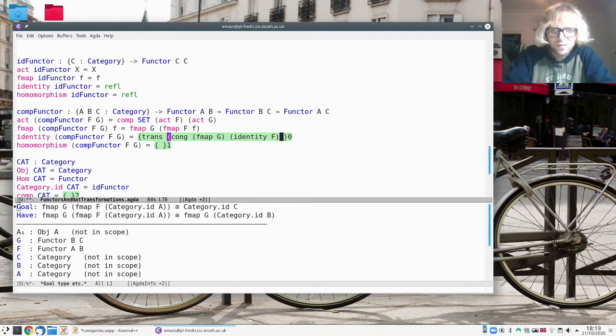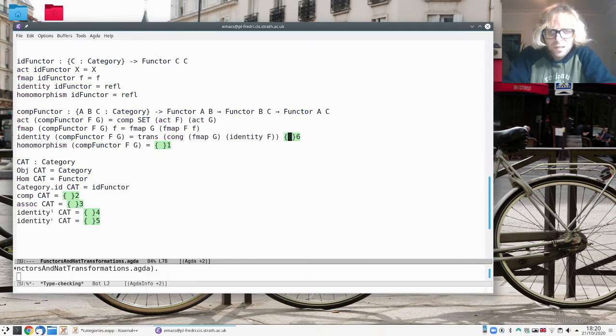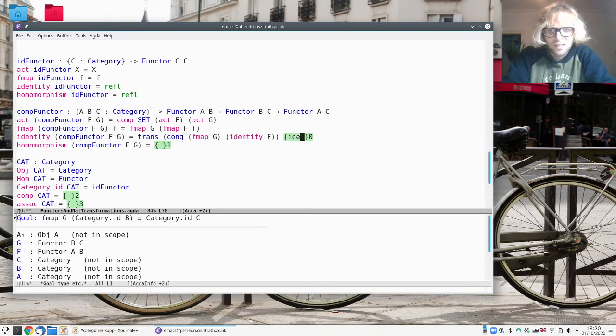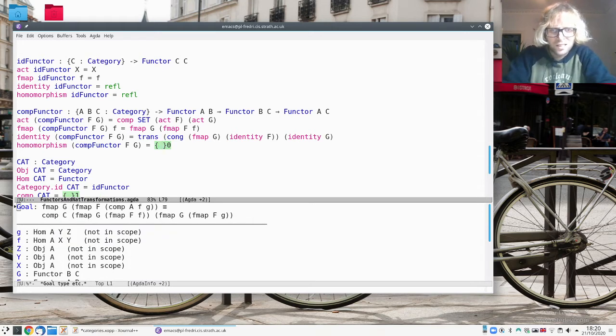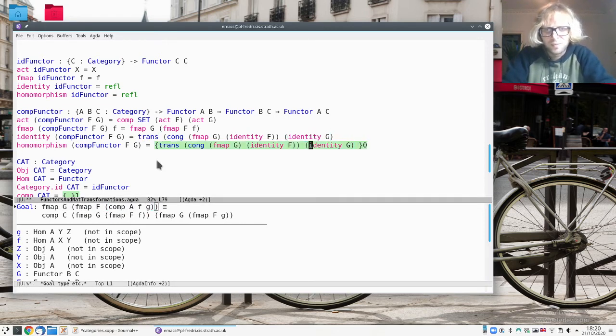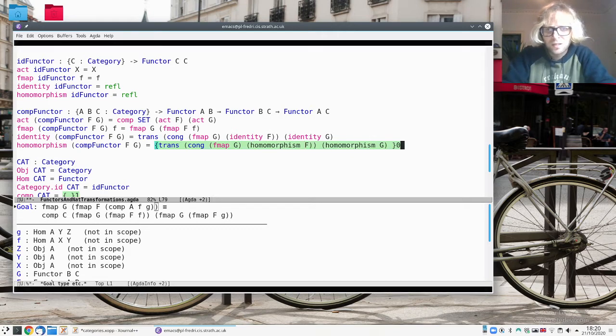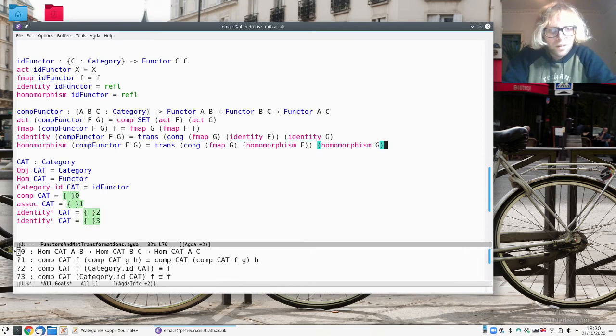Then I can use transitivity in the second step, and the second step is just identity G. Similarly, for preserving composition, f will preserve this composition, and then G will preserve the resulting composition. So it's the same as this, but instead of identities, it's homomorphism proofs. Okay, so that can be my composition.